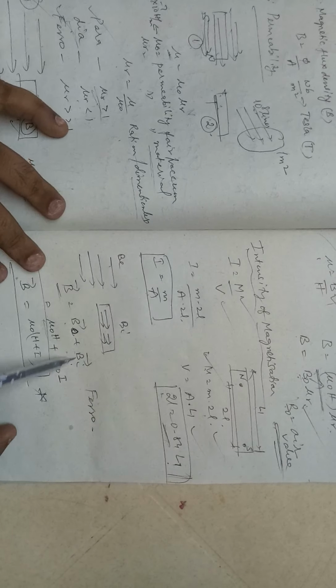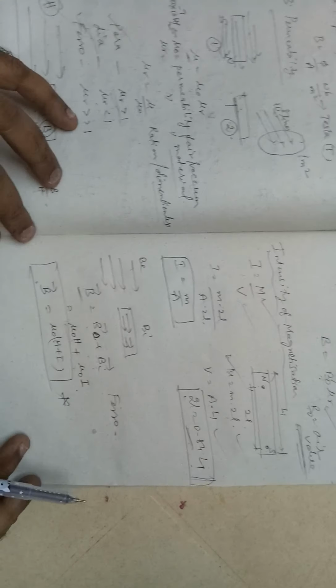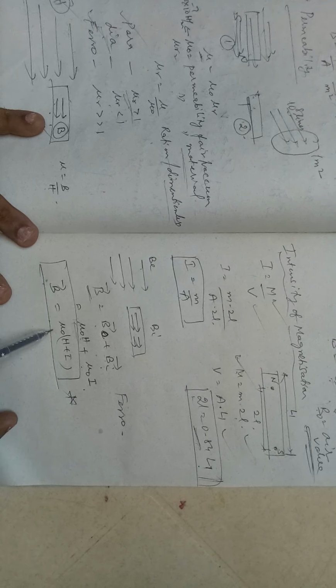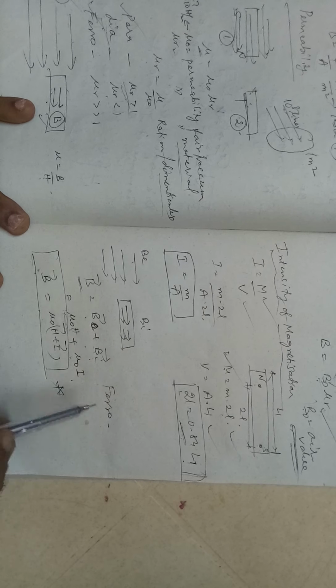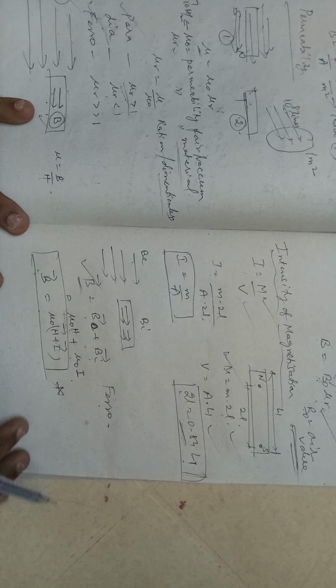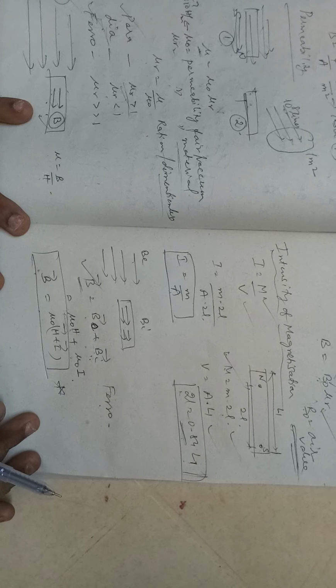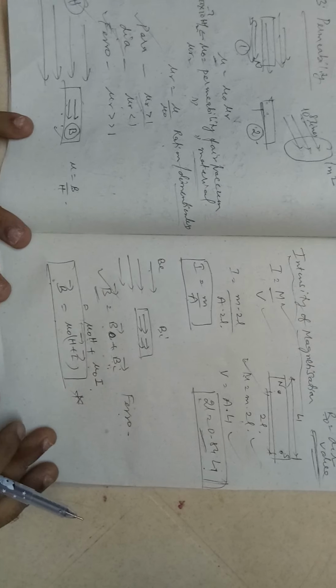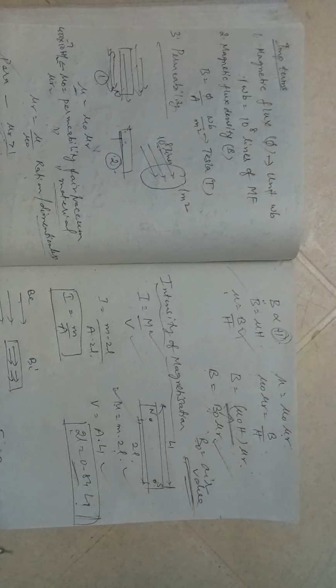So we can write Bi as mu 0 into I. If we take mu 0 common, so B vector is equal to mu 0 into H vector plus I vector. See, for ferromagnetism the magnetic field increases, I told you. If it's diamagnetic, instead of plus you have to put minus. Okay, just make a note of all these formulas. They are very useful while solving numericals.